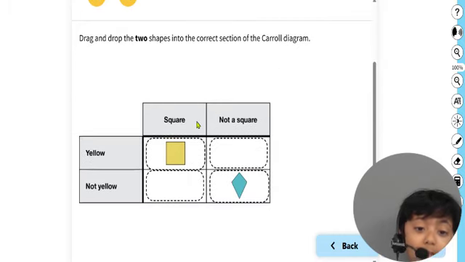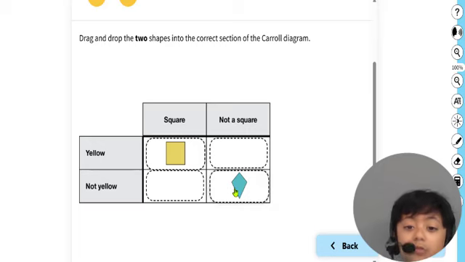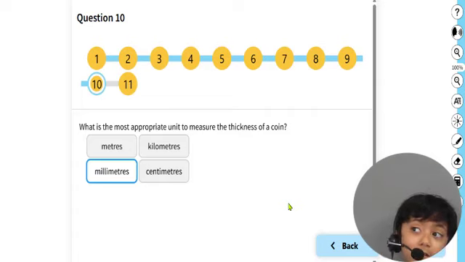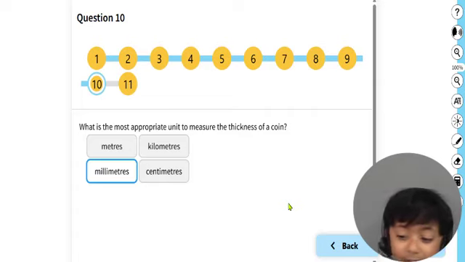This thing is a square and it's yellow. This thing isn't a square and it's not yellow, so we're right on this one too. The thickness of a coin, I said, would be really small. You can ask your parents to measure a coin with millimeters. Because if we measured it with, let's say, centimeters, if it's 1 millimeter and you measure it in centimeters, it's 0.1 centimeter.